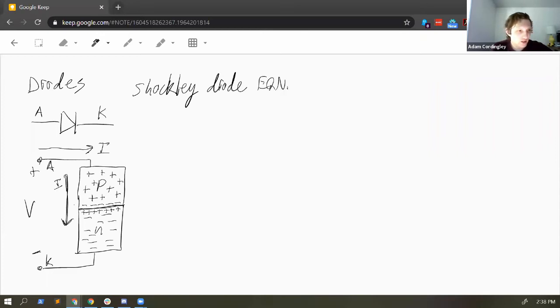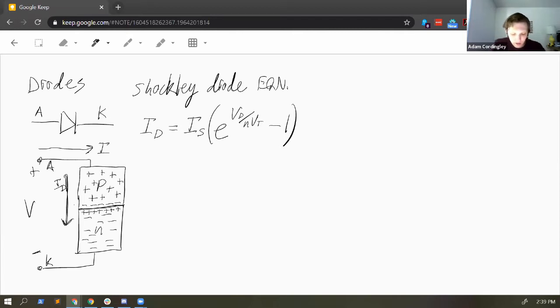It says that the current through our diode, I_D, equals this parameter called the saturation current, times e to the V_D over N times V thermal, minus 1.